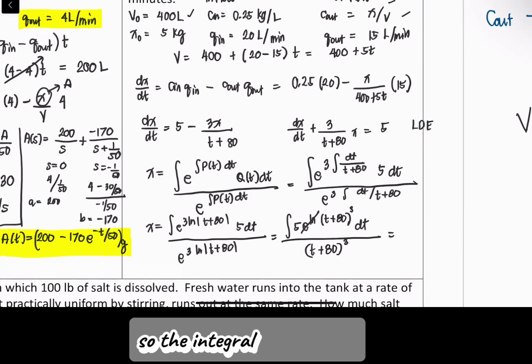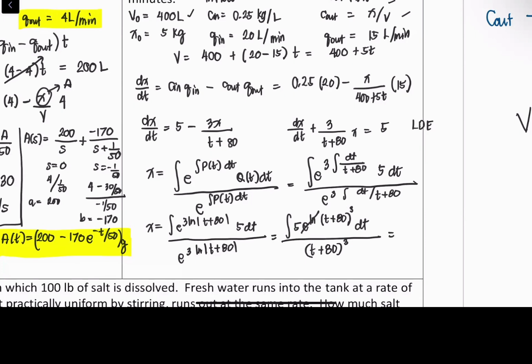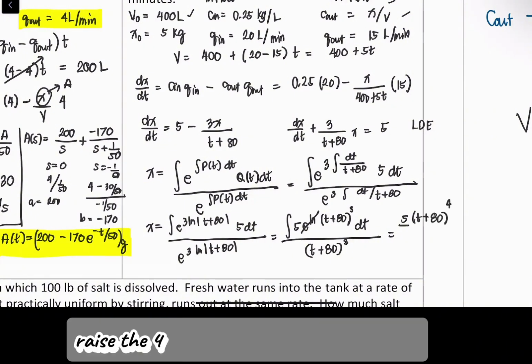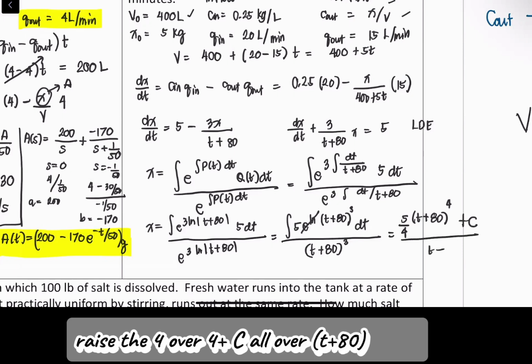So the integral would give us 5 times (t + 80) raised to 4 over 4 plus c, all over (t + 80) cubed.